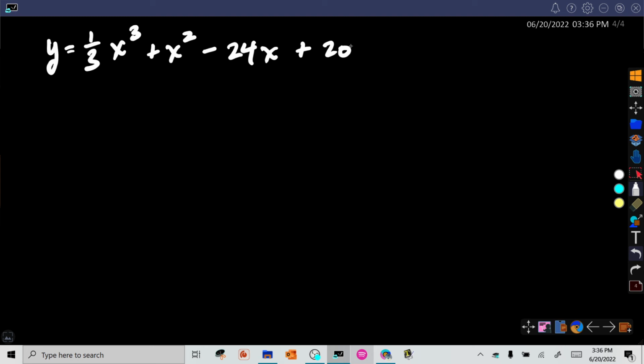All right, so let's look at this next question. It's asking us to find the relative max, min, horizontal points of inflection, and to sketch the graph. We're not really going to be doing too much curve sketching.